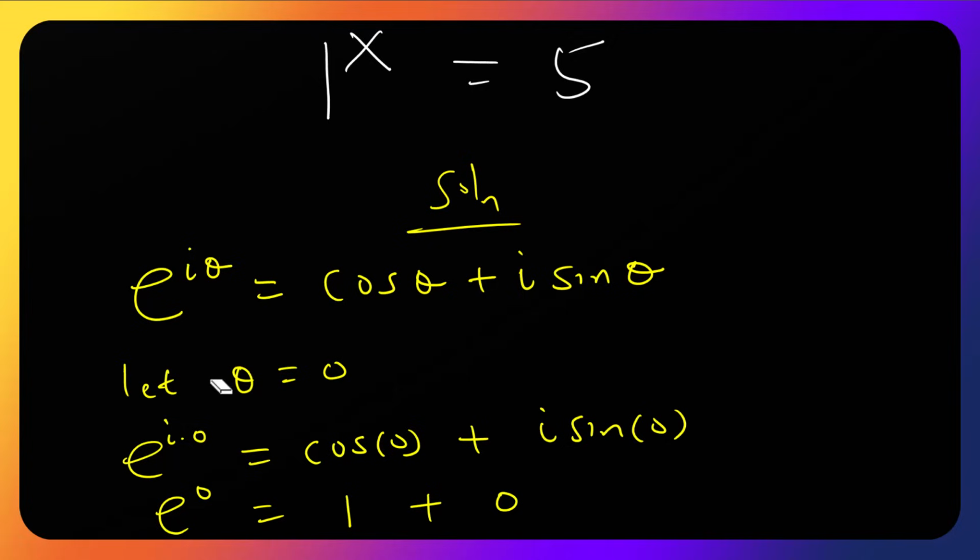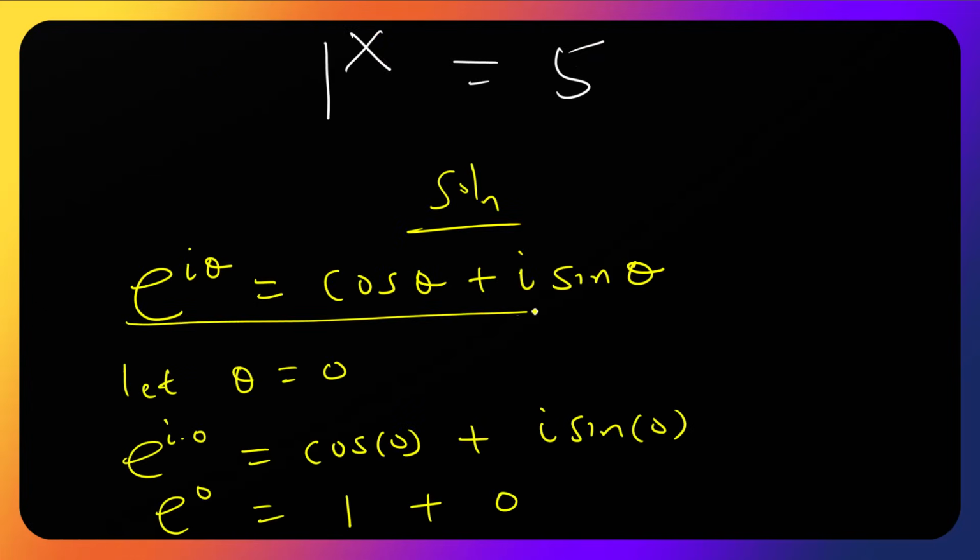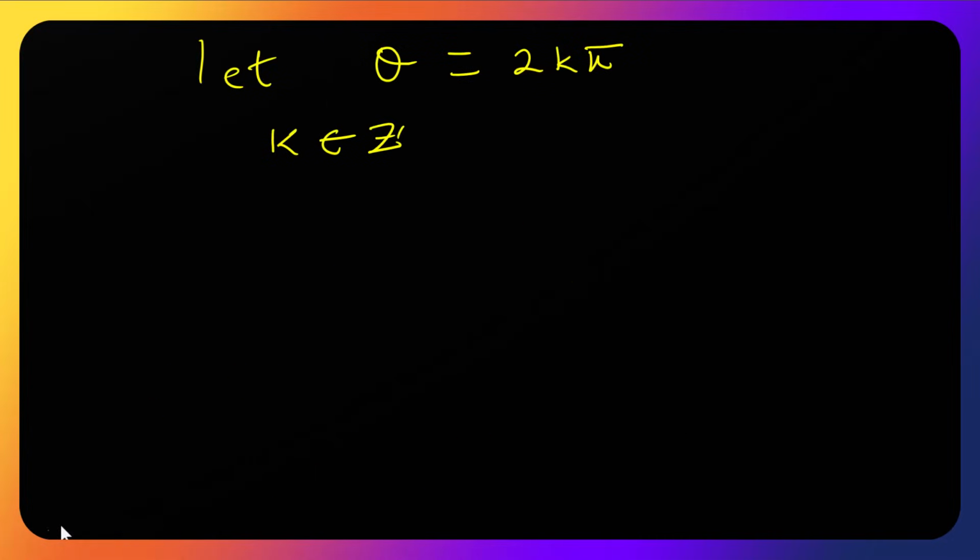Now to continue, we want to represent theta by 2k pi, where k is an integer. So we have theta as 2k pi. There's the formula, so in place of theta, I'll put 2k pi there.